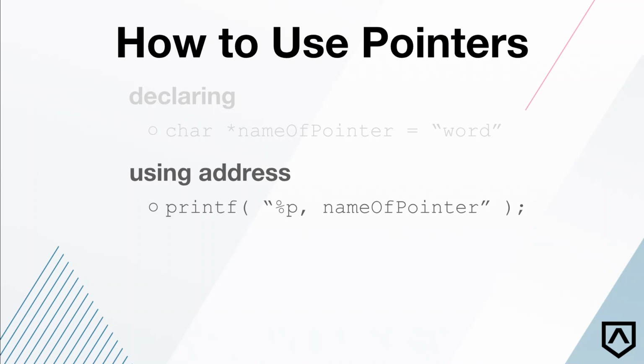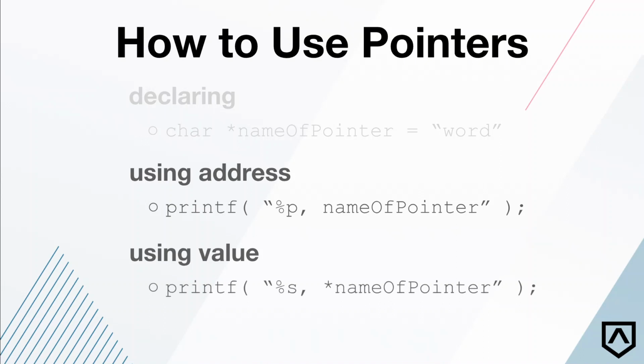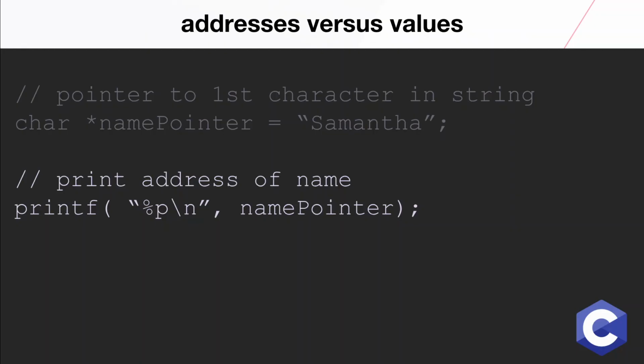If you just want to access the address, you do not need to include the star. We use it to declare that this is a pointer, but we don't need to include that when we're accessing the address. But if I want to take that pointer and actually get the value that is stored at that address, that's when the star comes back into play. If I want to actually print out the string value that is at whatever address the pointer is pointing to, I could do so like this.